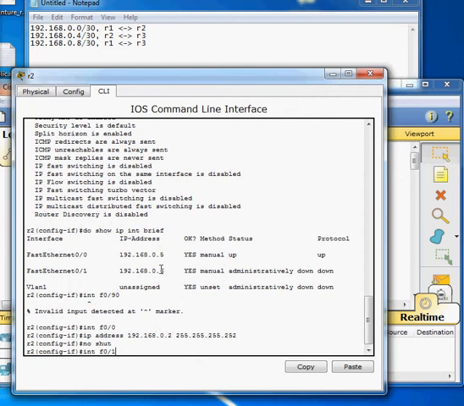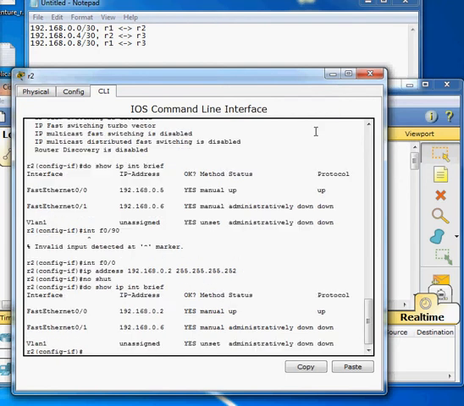So that's going to be .6. Alright, so that's looking good. So I just made a little mistake there. Sorry about that.